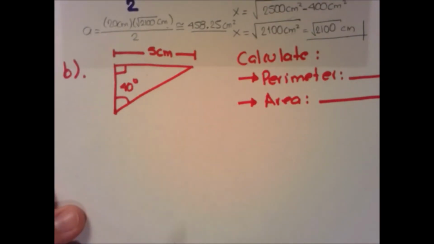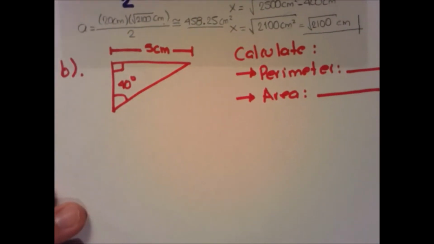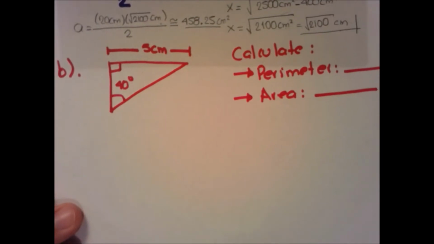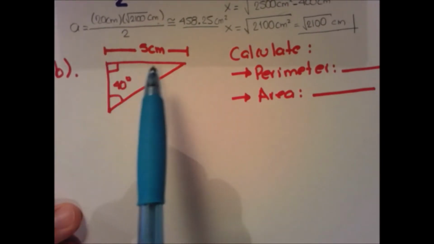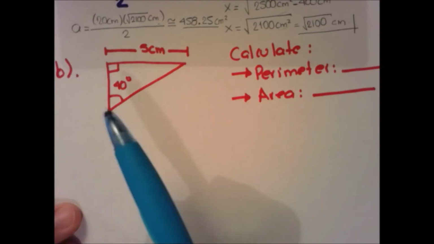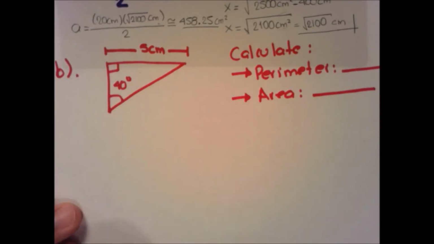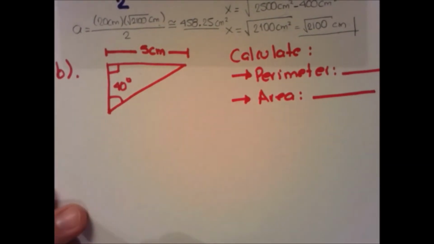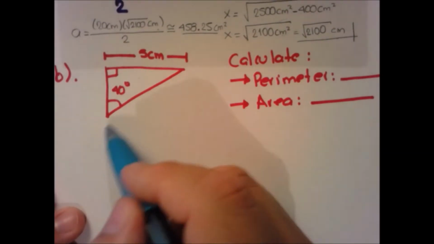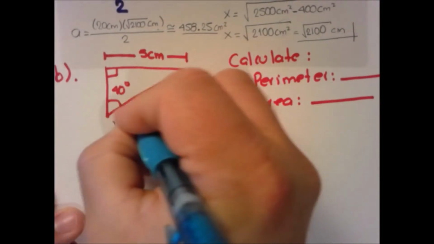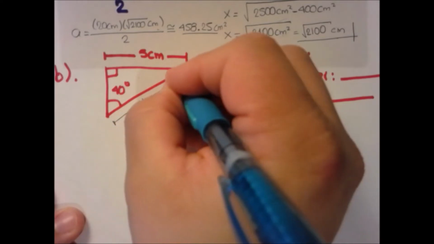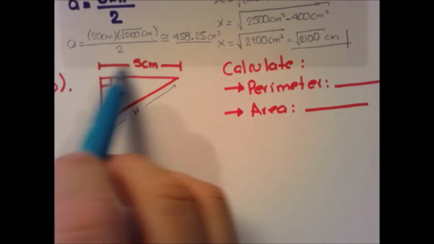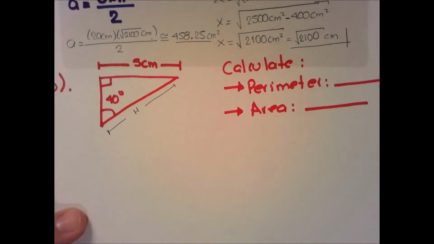Here we need to calculate the perimeter and the area of that. Here we have different information. For example, here I have length of one cathetus and one angle. In that case, I'm talking about that this one should be the hypotenuse, okay, and this one will be a cathetus, but not just a cathetus, simple.